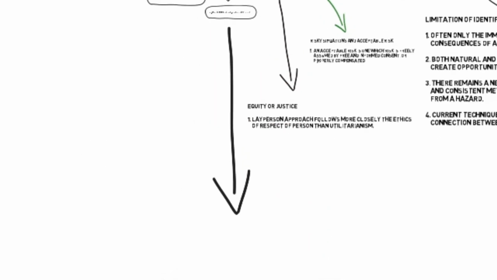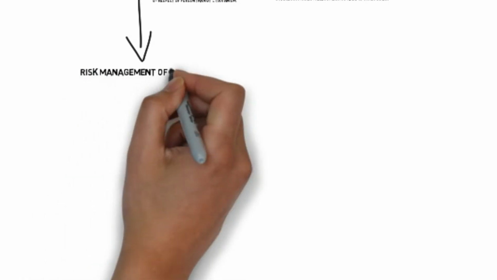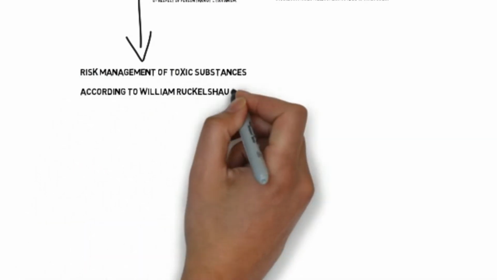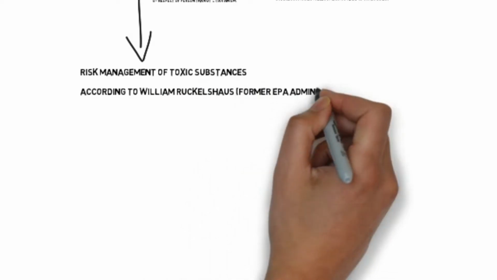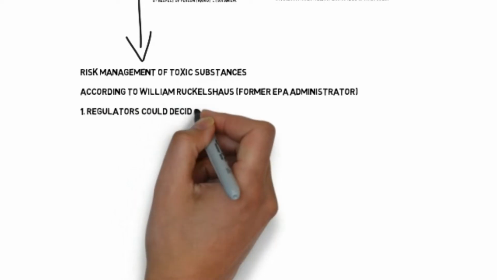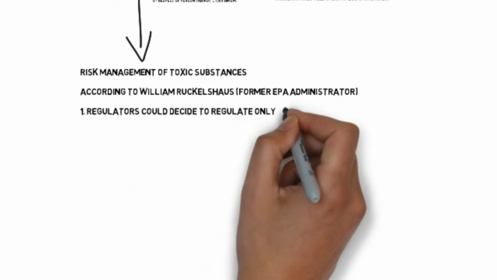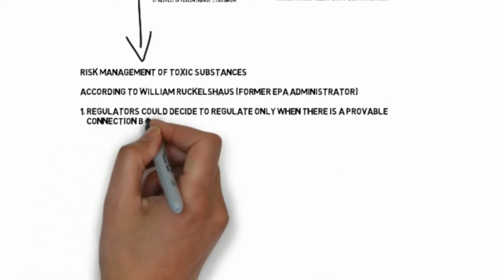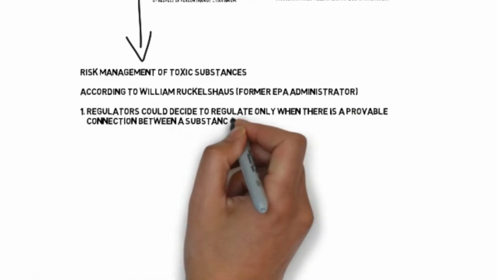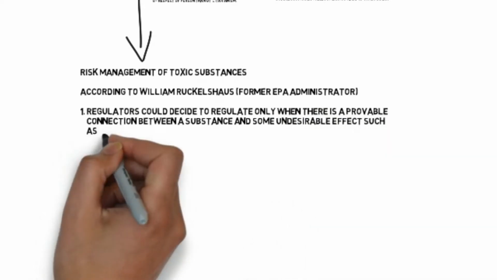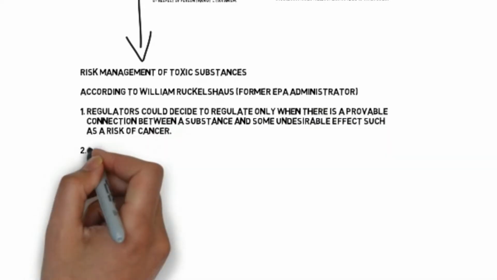Next topic is risk management of toxic substances. According to Williams, first, regulators could decide to regulate only when there is a probable connection between a substance and some undesirable effect, such as a risk of cancer.